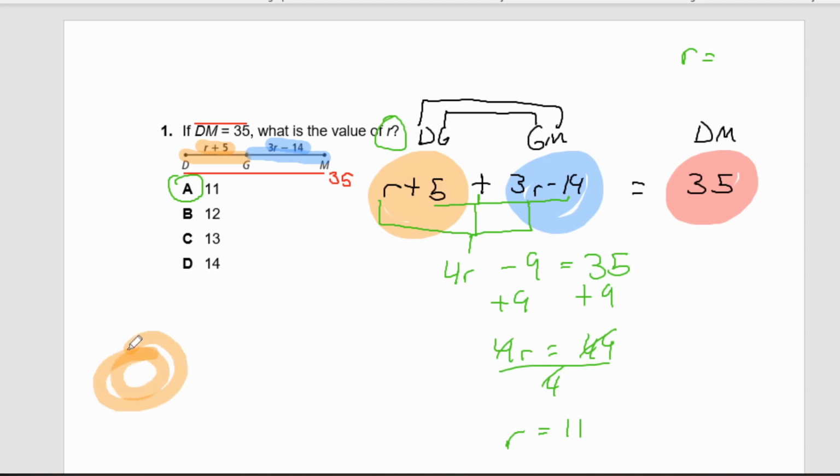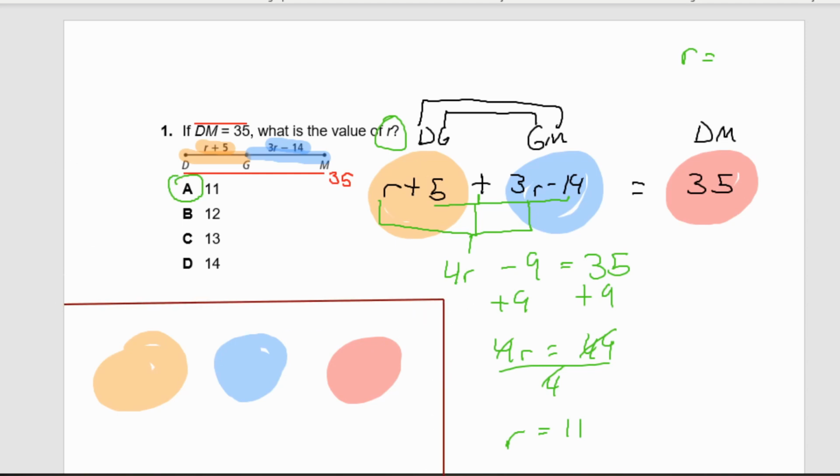So I'm going to take this section here, and I'm going to add to it the blue section. And I should get what I've defined my red to be, which was 35. Now, you guys don't have to check it, that's fine, but I think it's a good habit to get into.